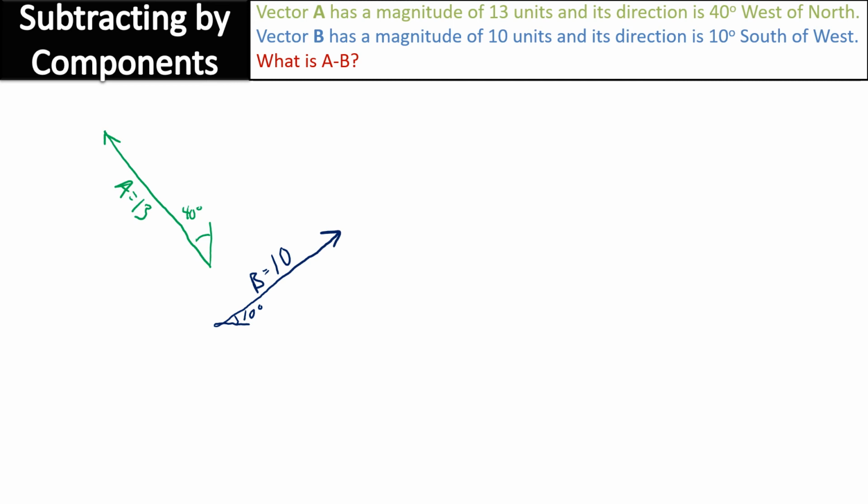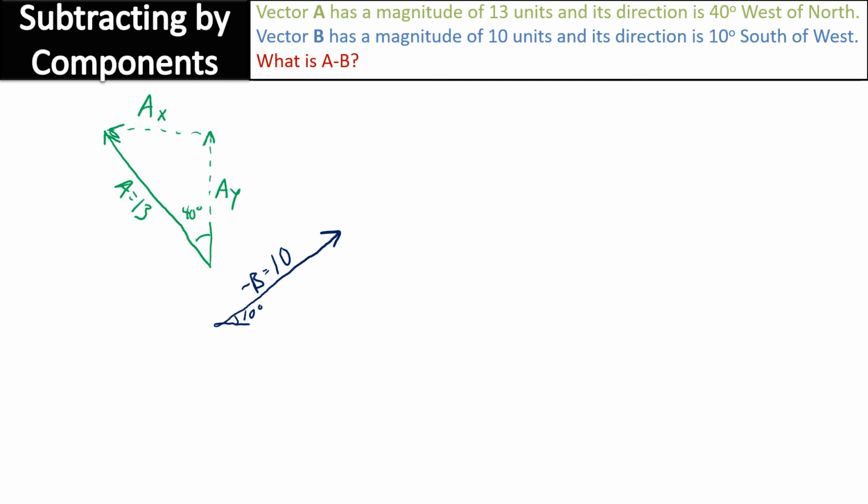And now our objective is to add these two together. Since they're not at right angles with each other, we have to add them by the components. And I'm saying add because we already flipped it. So we're still overall subtracting A minus B, but now this is like negative B. Okay, I'll break these into components.